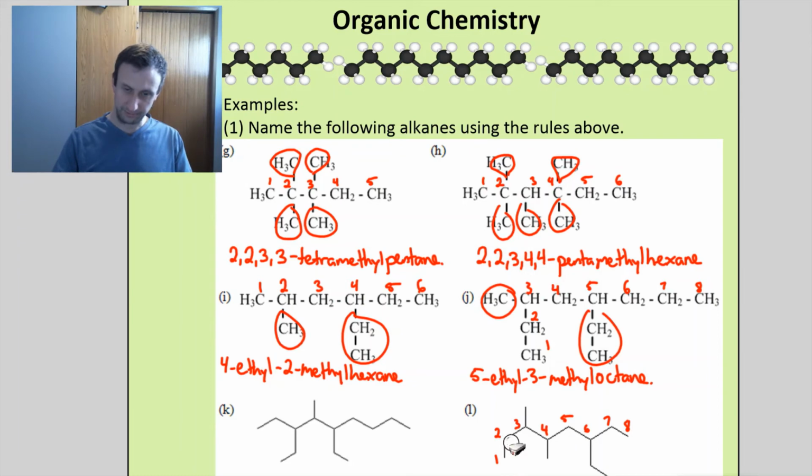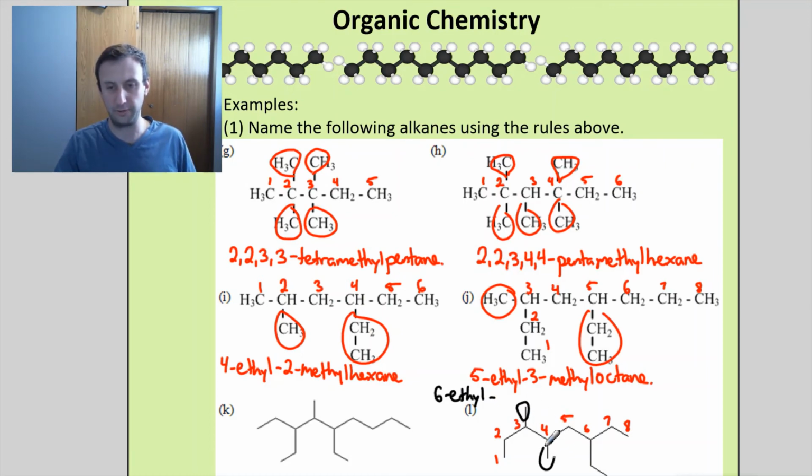So now if we name this, and I'll do this up here because that's where I have space, I have my ethyl first, so 6-ethyl. And then I have 2 methyl groups, 1, 2 methyls. So 3, 4, oh, sorry, messed up, should have had a comma there. 3,4-dimethyl octane.